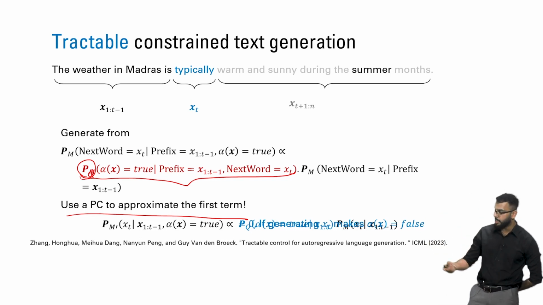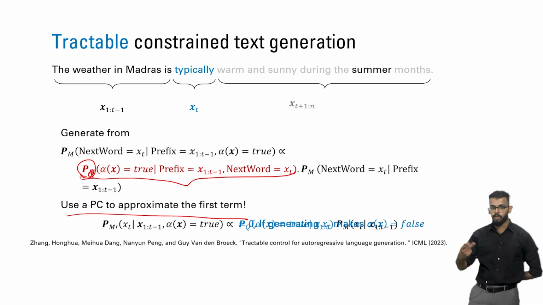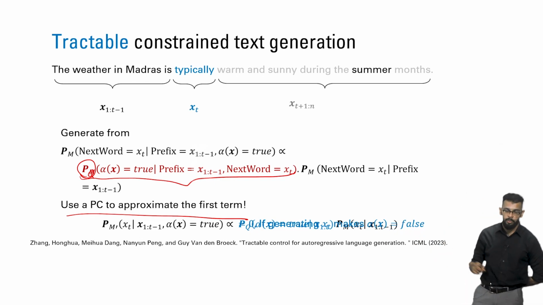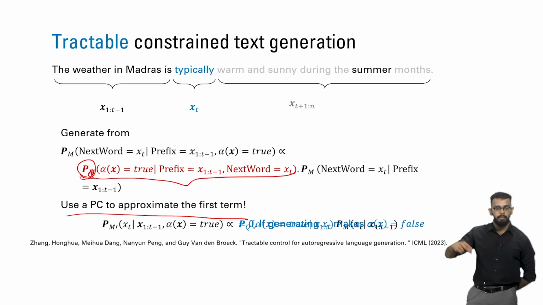Here it's just marginalization because you're only interested in looking if that particular word occurs somewhere. Now you can have more complex constraints which say, okay, I want the second word to be something, the third word to be something else, or like the example I discussed earlier, where you want a particular ordering. But all of those can still be compiled into a circuit which always satisfies that constraint.